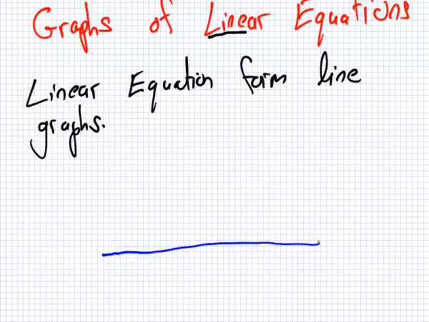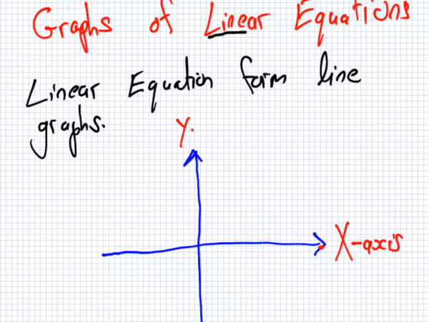Equations are things like this: 2x plus 1, x squared plus 3x plus 5, x cubed plus 2x squared minus x plus 1 equals 0. These are all called equations. Each of these has its own name though. This one here has a name, this one here has a name, and this one here has a name.